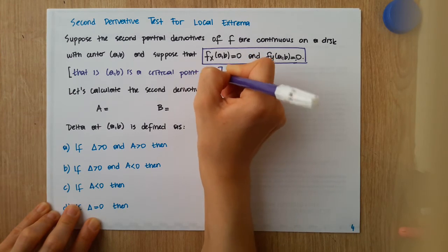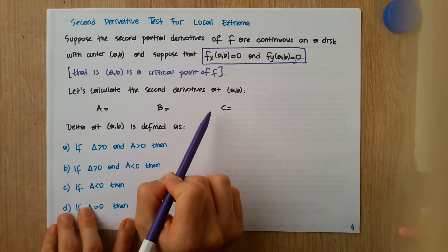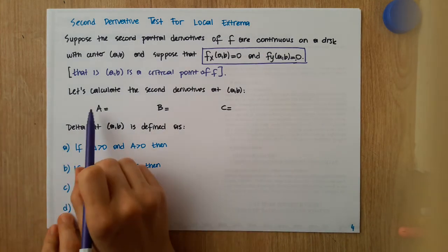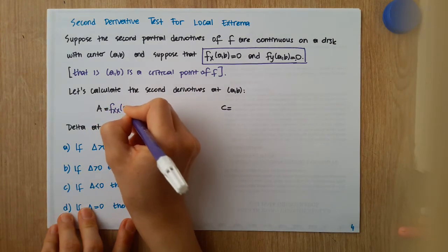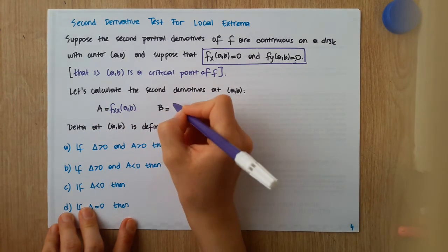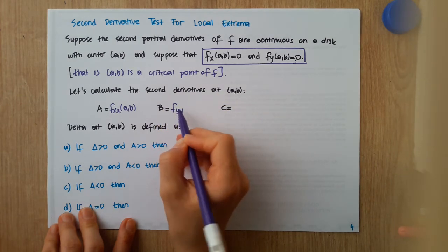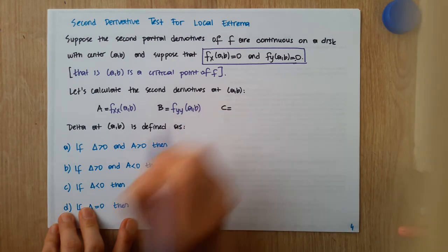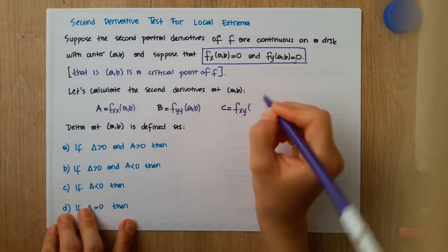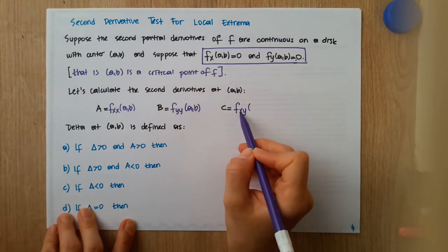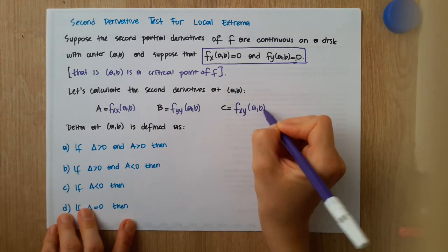Then we will define some A, B, and C to make calculations easier. A is the second partial derivative of f with respect to x evaluated at (a, b), and B is f sub y y, the second partial derivative of f with respect to y evaluated at (a, b), and C is f sub x y, the second partial derivative: first we take the partial derivative with respect to x, then y, and we evaluate it at (a, b).